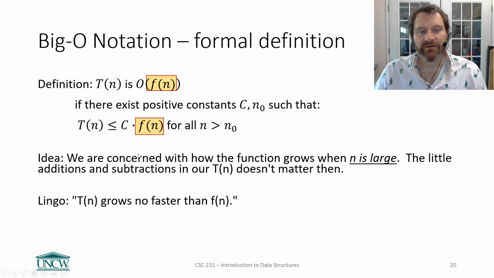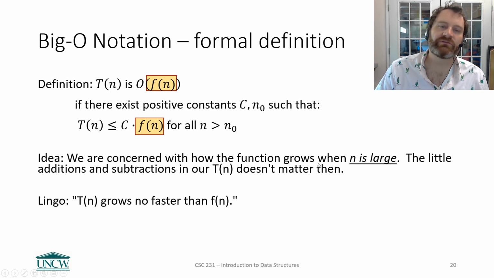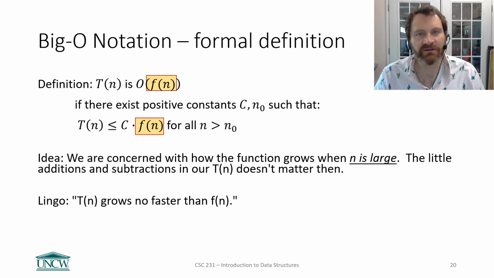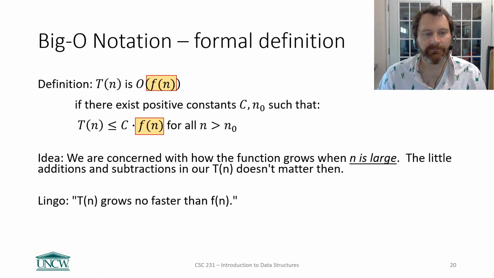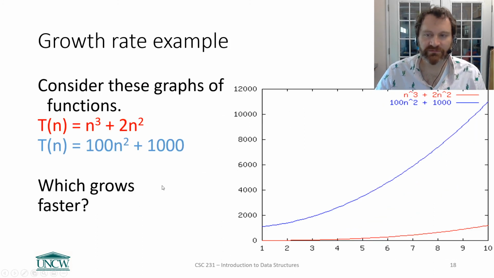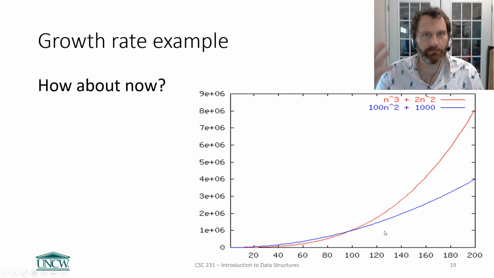Okay. We are concerned with how the function grows when n is large. The little additions and subtractions to our T of n don't matter then, right? So, for example, what we're saying is, look, this 100 n squared and this plus 1000, it's all kind of noise here on this blue line, because what really matters, this blue line starts out fast, but what really matters is big N's.